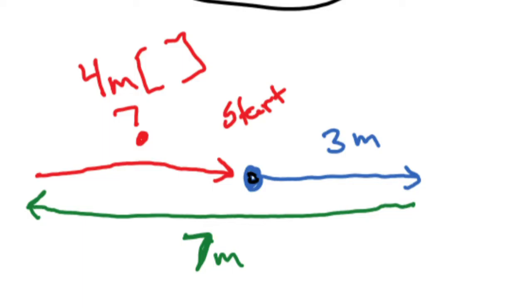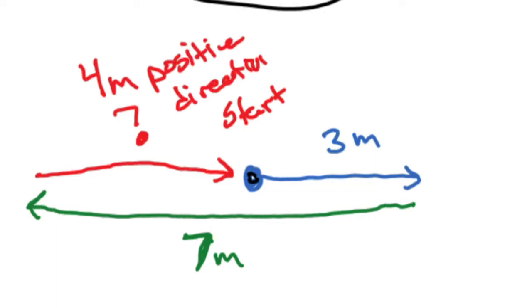So in this case, I've walked to the right, and everything to the right is positive. So 4 meters in a positive direction to get back to where I started.